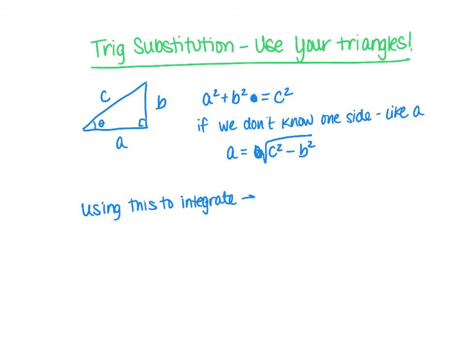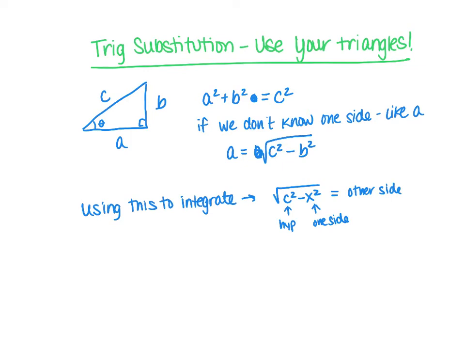Well, for instance, some of the radicals that we saw in our integrals had the form of the square root of c squared minus x squared. If you think about this, c must be the hypotenuse of the triangle. This is one side, and then this whole expression is the other side.